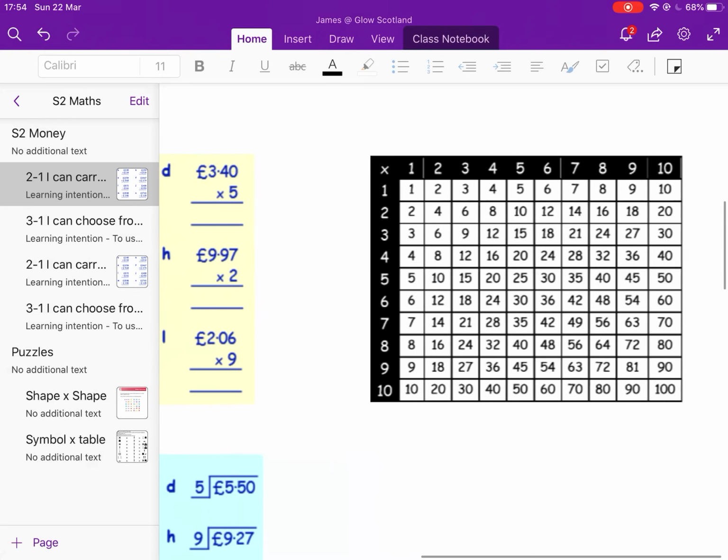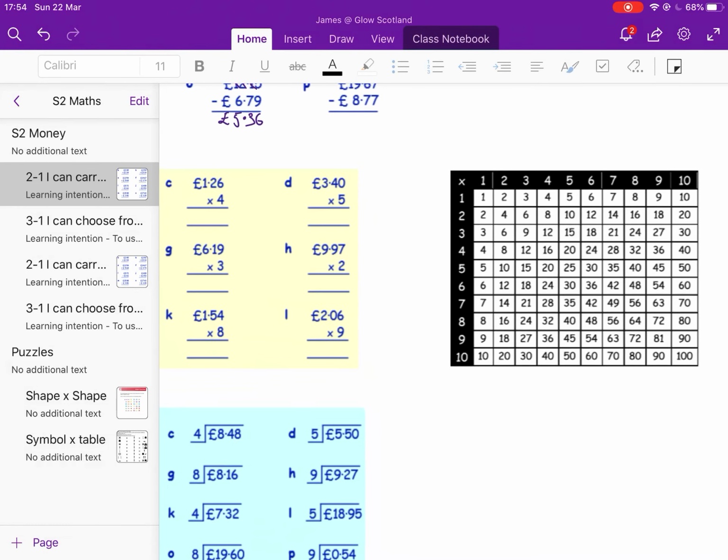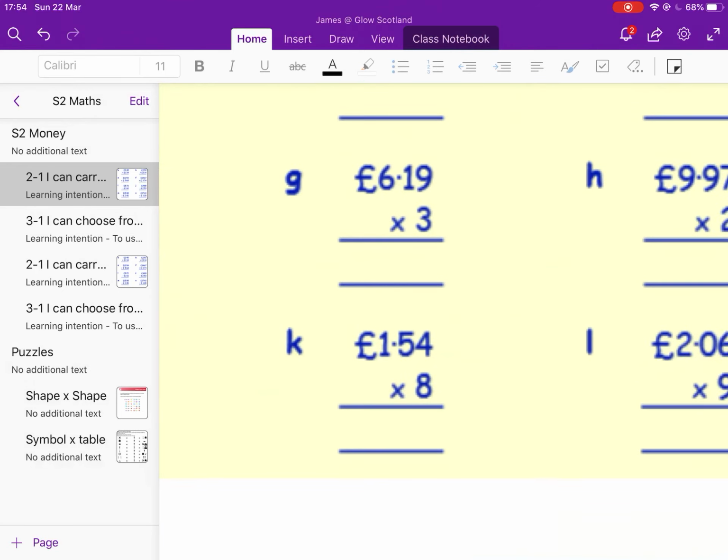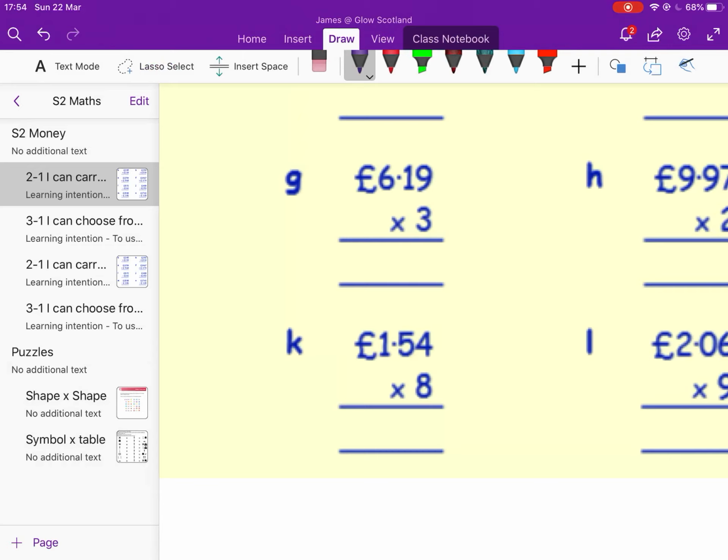For multiplying and dividing, I've put a table square across here at the side for you that you can refer to as much as you like. I'm going to go for G in here. 3 times table, so 3 times 9 is 27. So again, starting at the right hand side, 3 times 9, put the 7 down, and you're going to carry the 2. I'm going to put my 2 underneath for this one.